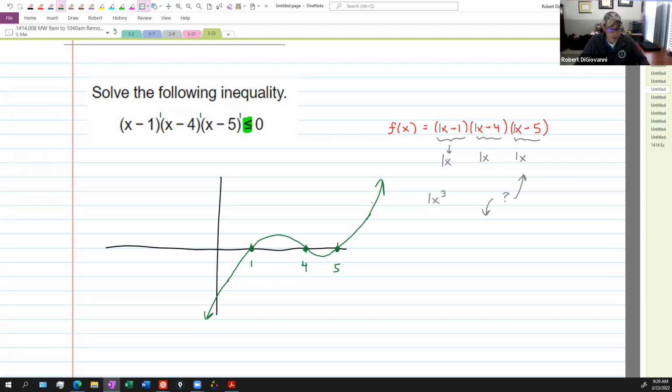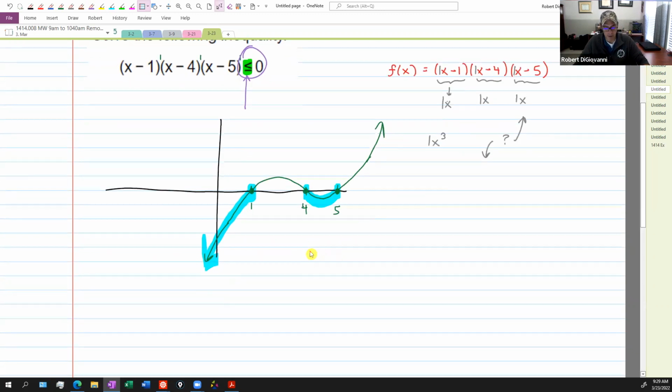Now, I'm interested in when this thing is less than or equal to 0, which means I want to know when the graph is below the x-axis or touching the x-axis, right? So that would be this region here, including the 1, the 4, the 5, and everything between the 4 and the 5. That's where the graph would be either equal to 0 or below the x-axis.